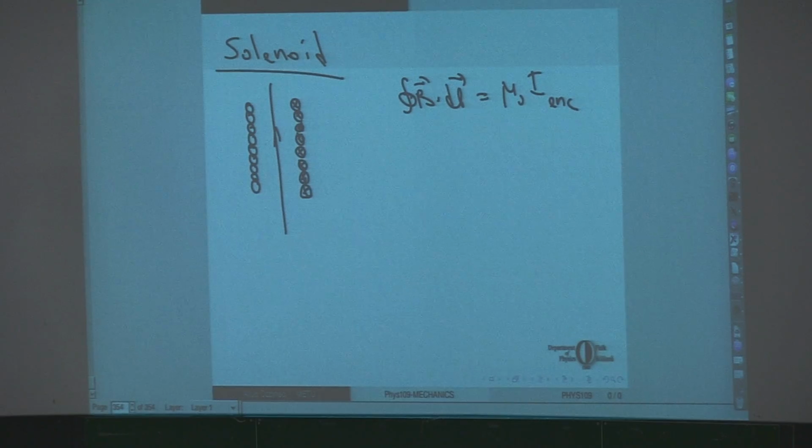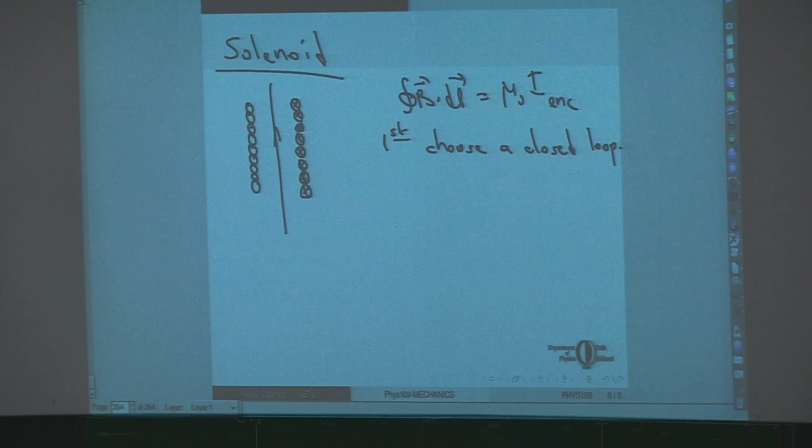Like in the case of Gauss's law, we first had to choose some Gauss surface based on our general knowledge about the electric field and what it can depend on. In this case, we have to choose a closed loop. So the question is, what is our closed loop? What kind of a loop should we choose?